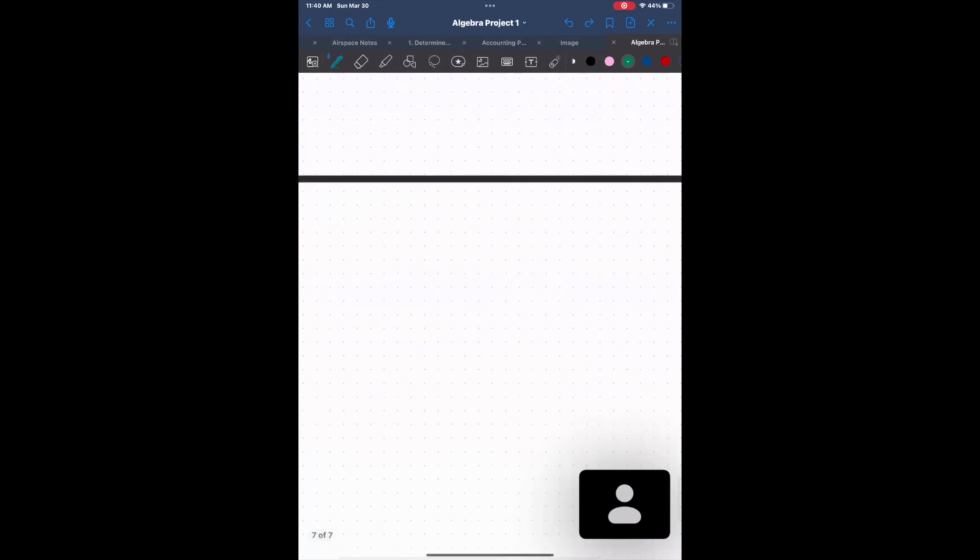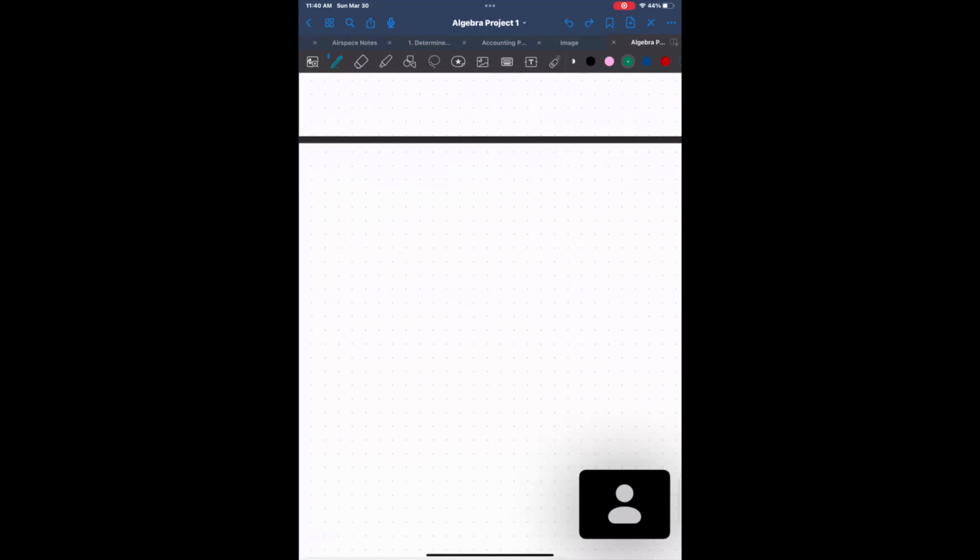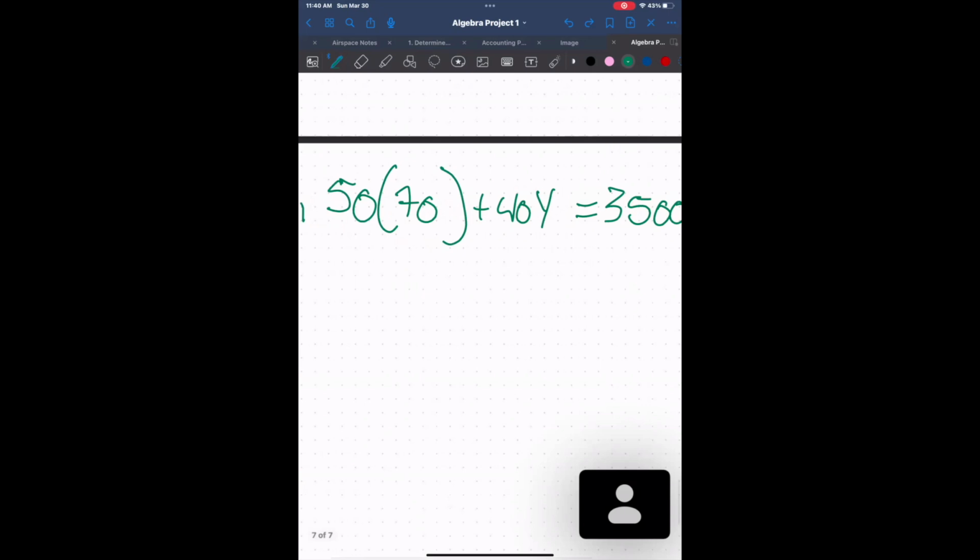And we're going to just plug that one straight back in, see if we can follow this. So I'm going to take P1, the original, and I'm going to plug it in. So we're going to replace this. 50 times what we just found, $70 for gravel, plus 40y equals 3,500.